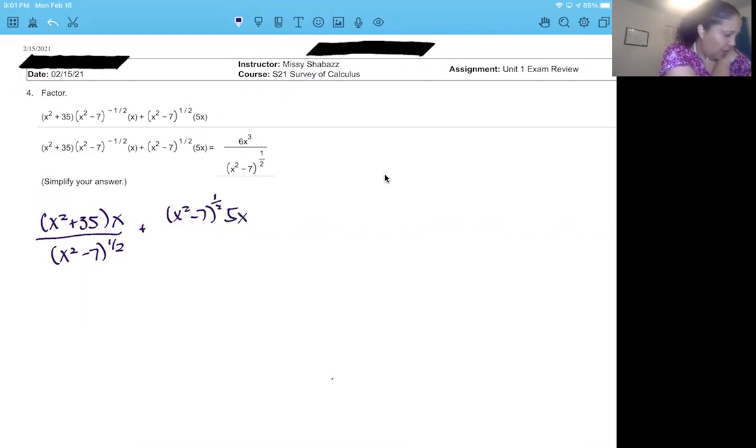All right, so I think the first thing that I want to do is find a common denominator. And that common denominator is going to be x squared minus 7 to the 1/2. So the first term is going to stay the same because it has the common denominator.